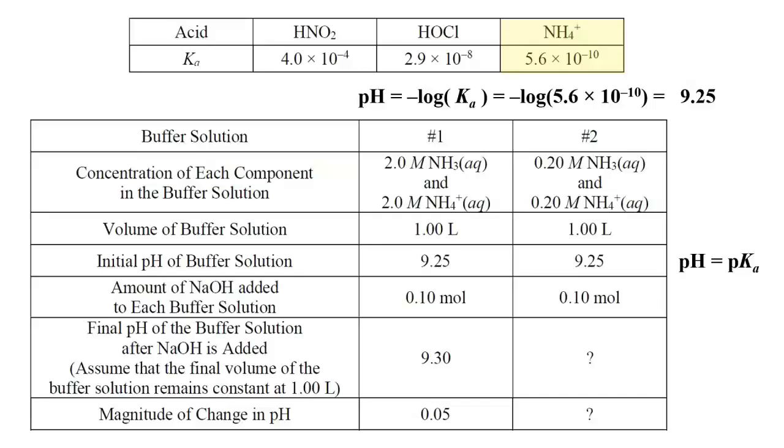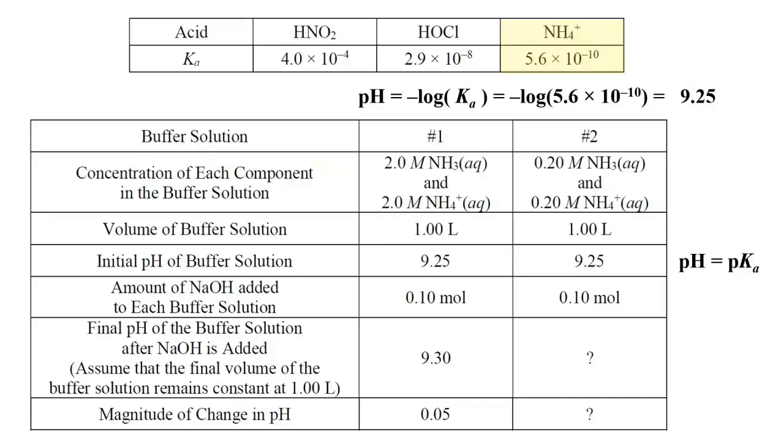So that's a difference of 0.05. So the magnitude of change in pH for buffer solution number 1 was 0.05. Now you'll see question marks in the other column because we have to make a prediction about the magnitude of change in pH for buffer solution number 2.